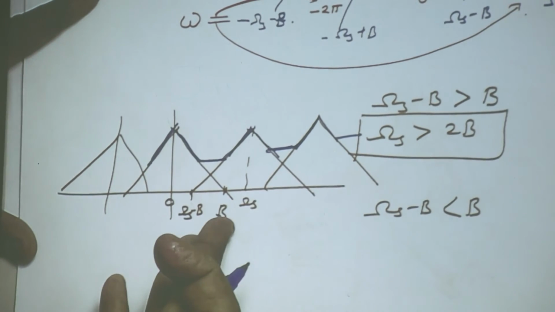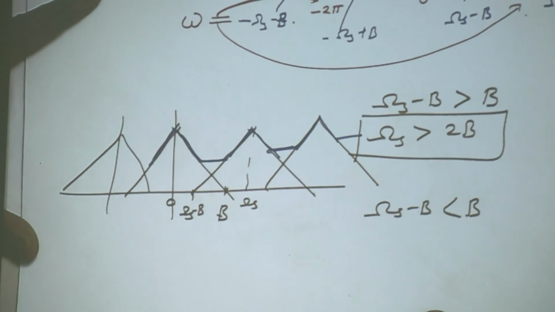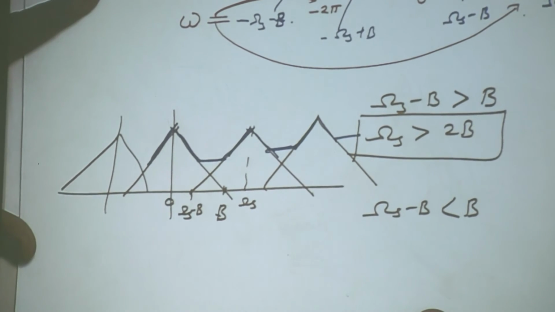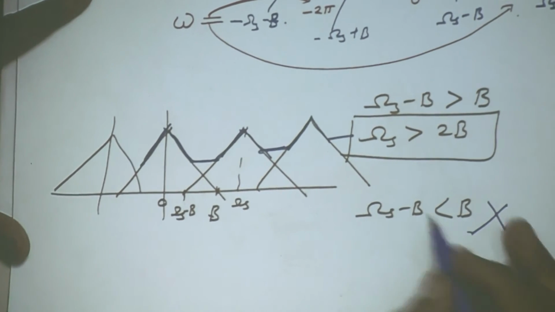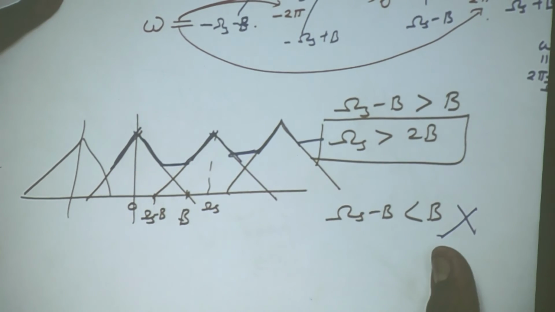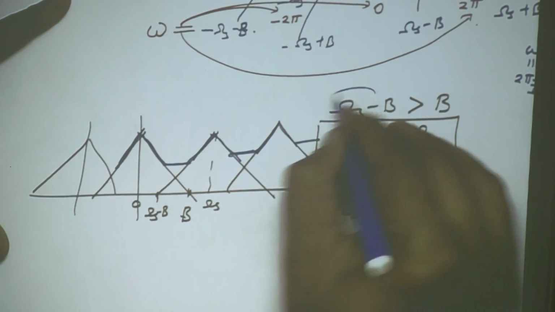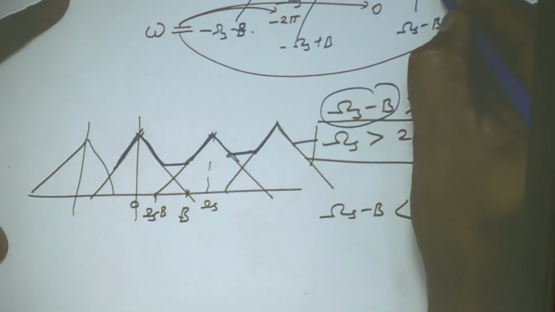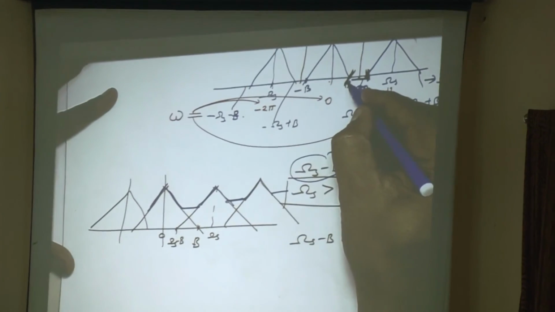Now when this signal is passed through a low pass filter, I will not be able to recover the original signal back. When such is the case, the signal cannot be recovered. The original signal can be recovered only if omega s minus b is greater than b.